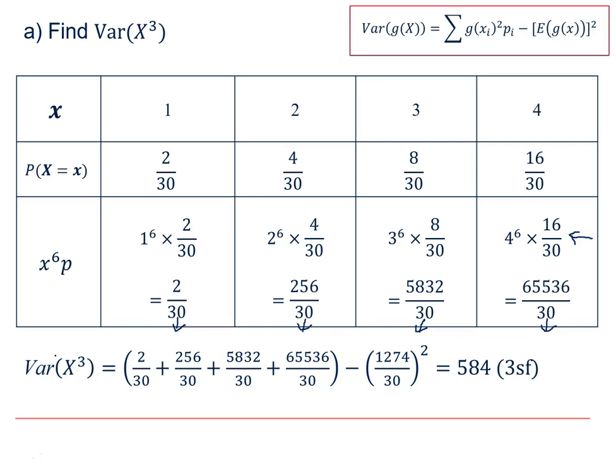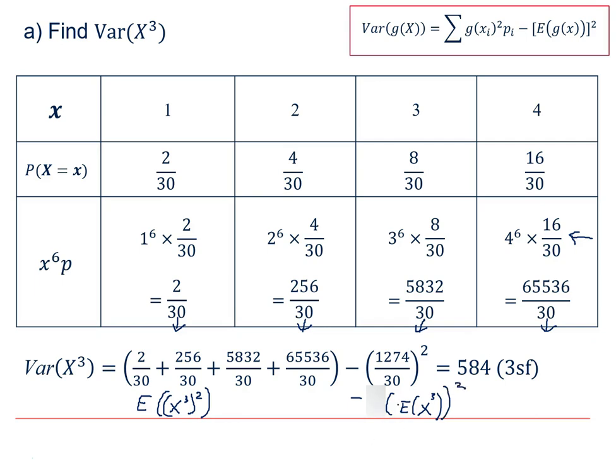And to find our variance of x cubed, we need our E of x cubed squared, and that's this first bracket here, minus our mean E(x cubed), which is what we worked out in the first part of this video, squared.